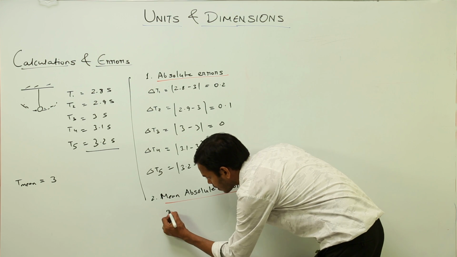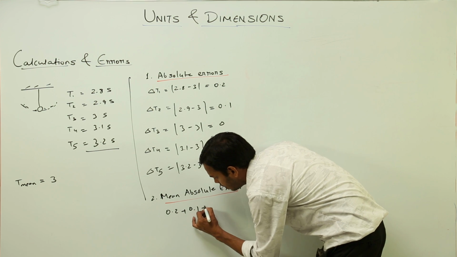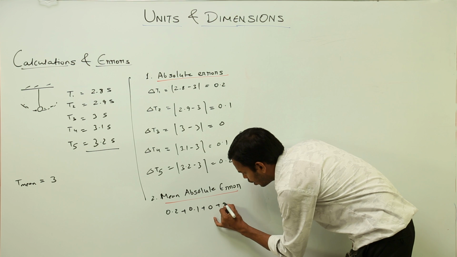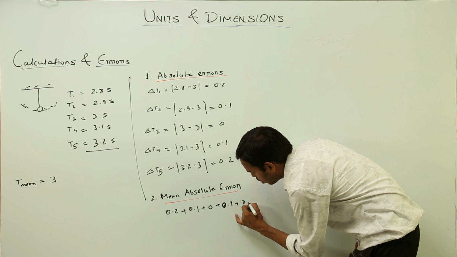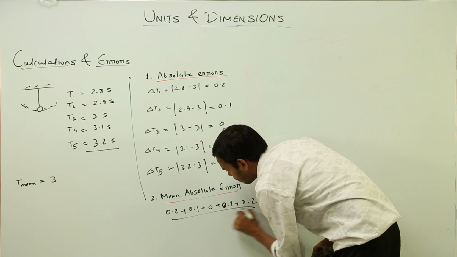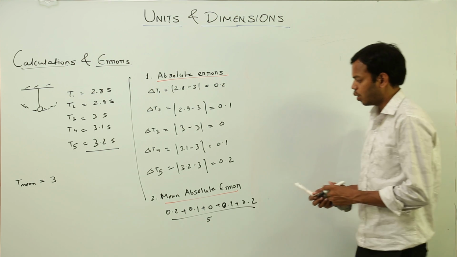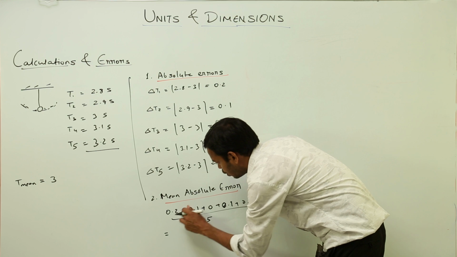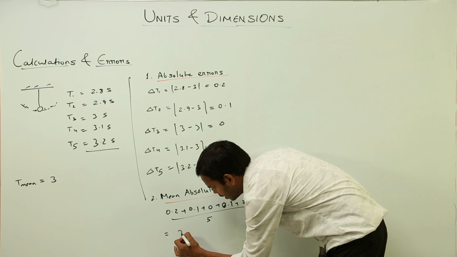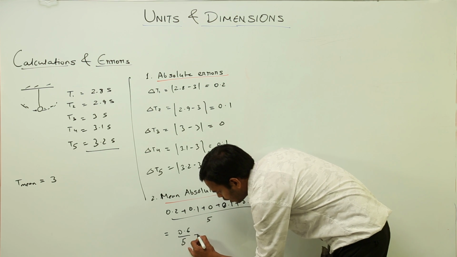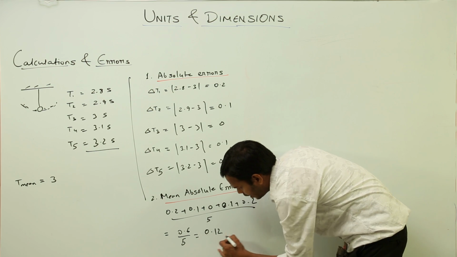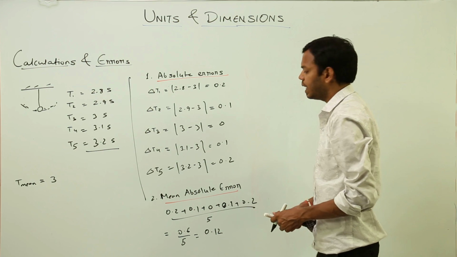So we have 0.2 plus 0.1 plus 0 plus 0.1 plus 0.2, this whole divided by the number of observations, which is 5. So we get 0.6 over 5, which is equal to 0.12. So this is the mean absolute error.